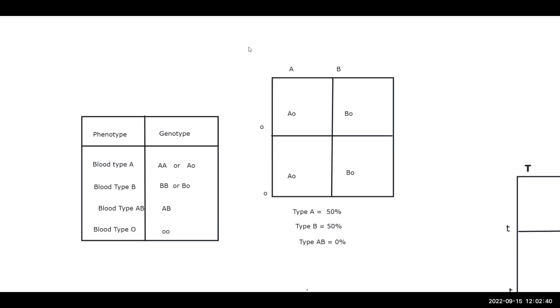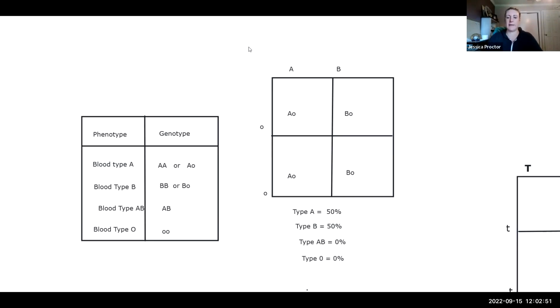No. So type O equals 0%. That's all you need to write for blood type A, B, and O. You don't need to do genotypic and phenotypic ratios. You're just giving me the percentages for each potential blood type: 50% type A, 50% type B, 0% AB, and 0% O.